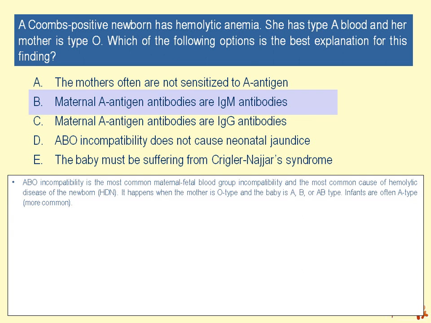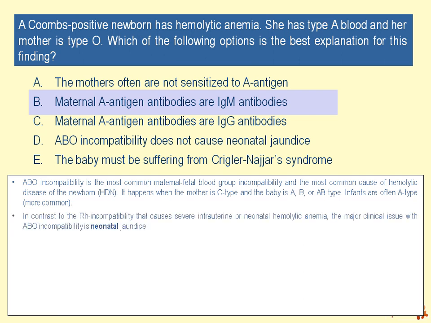It happens when the mother is O type and the baby is A, B, or AB type. Infants are often A type because A type is more common. That's why we call it A, letter A.